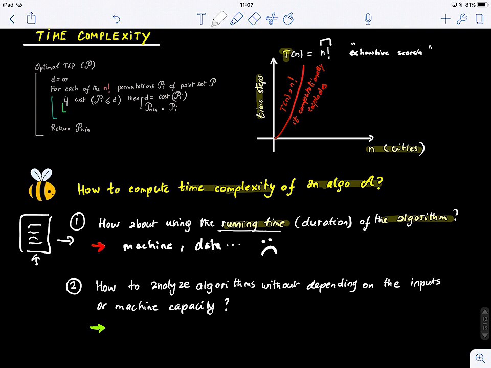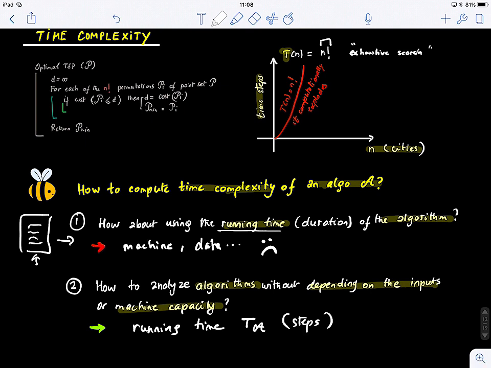Now, how about we try to analyze algorithms without depending on the inputs or the machine capacity. And this is what we will learn today. So we will look at the algorithm instructions, and by analyzing the different steps that the algorithm is taking, we can look at what we call the running time T of an algorithm in terms of the steps it's taking.